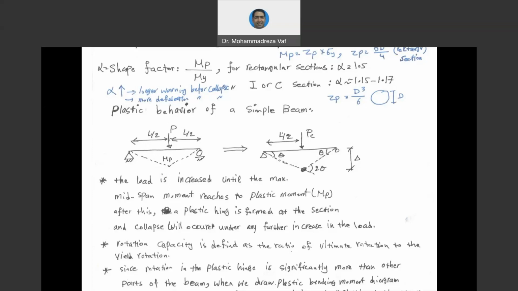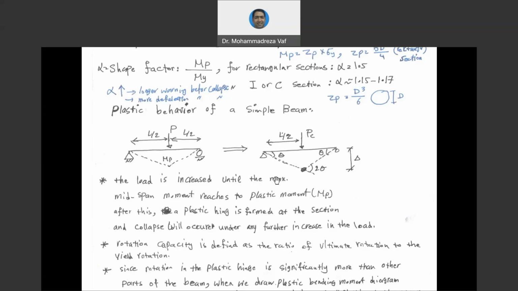So the moment that we reach Mp, we are going to have one plastic hinge there. This plastic hinge is basically like a hinge, meaning it cannot tolerate any additional bending moment, and it is going to have a large rotation in that location. And the deflected shape of our beam, the moment that we reach Mp, is going to look like the one that you see here.